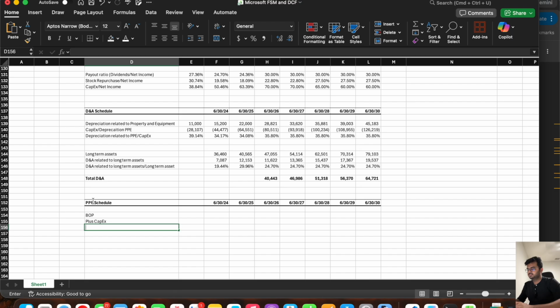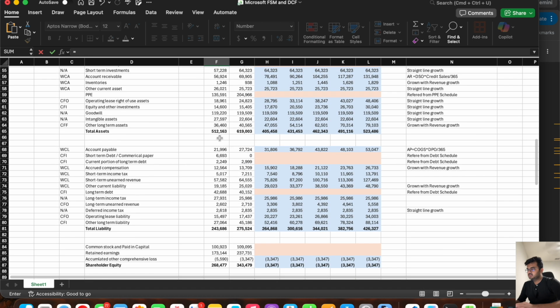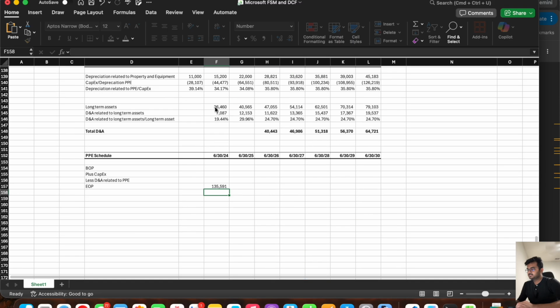I'm going to add it less the D&A related to PPE, which is nothing but this item. Then we would get the end of period amount. So by doing this, we can calculate what will be the property, plant and equipment value for the next 5 years. We know what is the end of period value from our balance sheet. I will go and link that number.